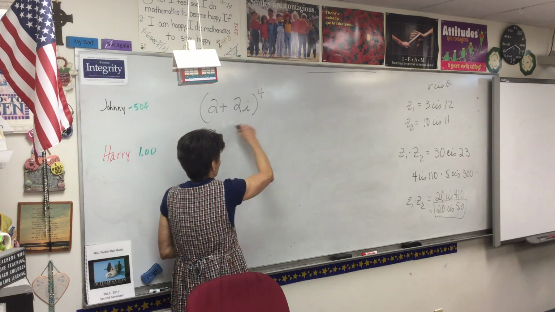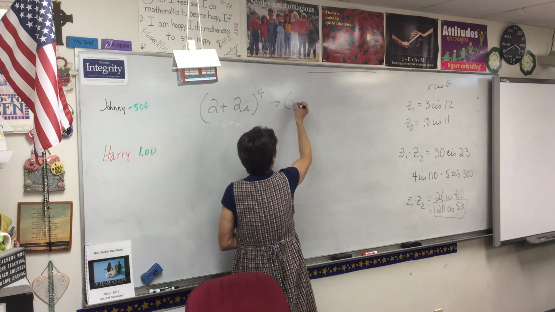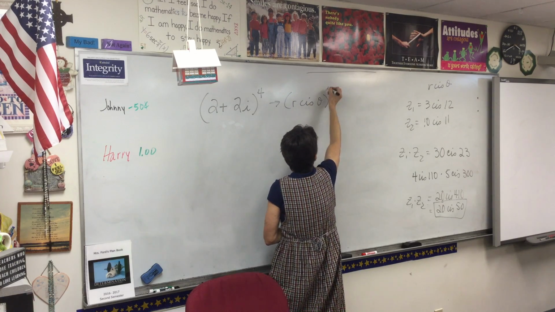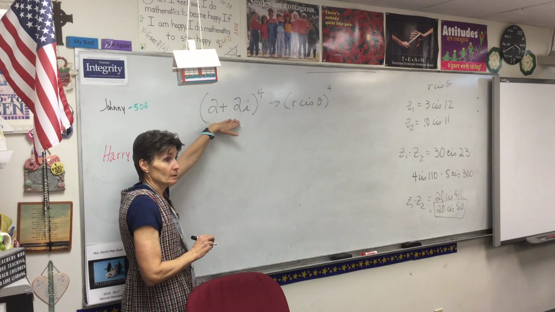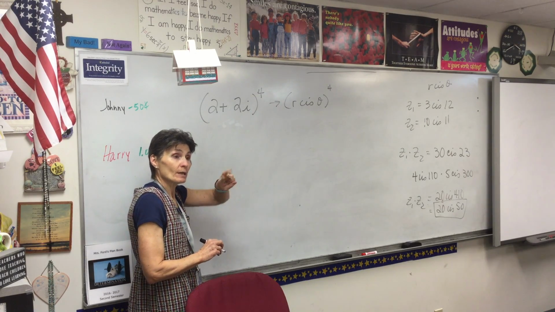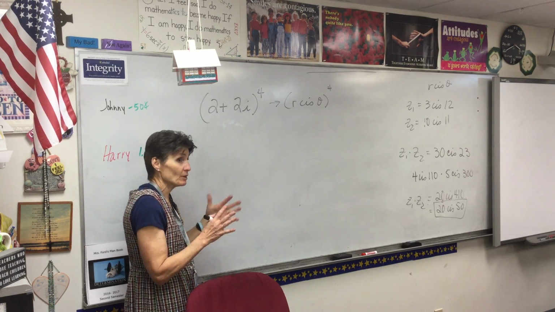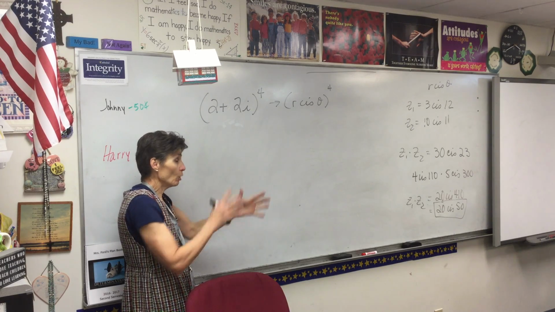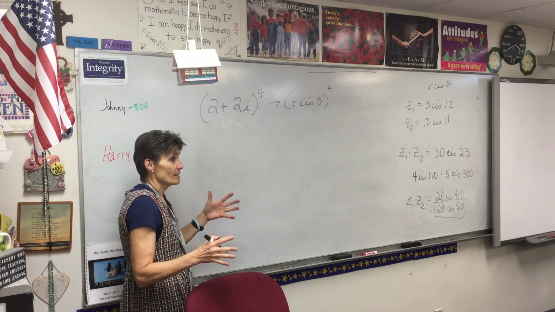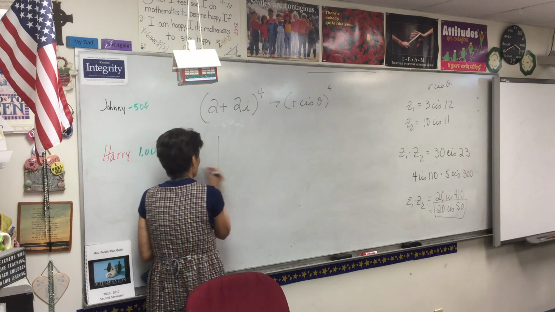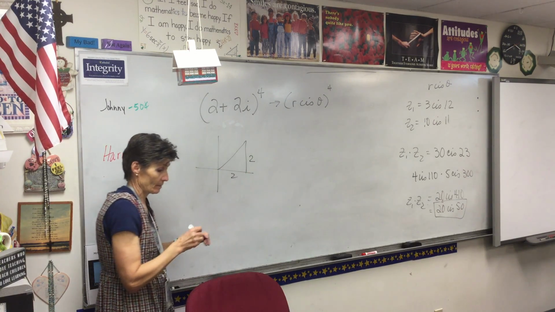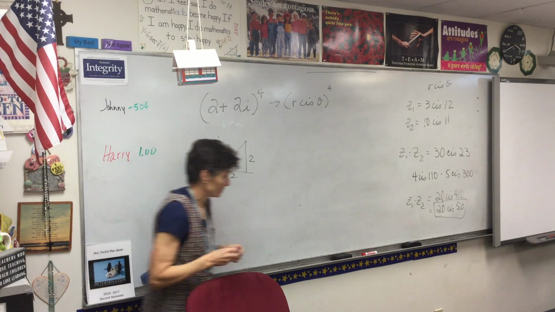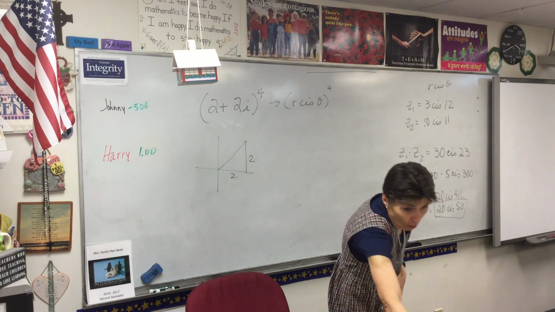We're going to change this into r cis theta. We're going to find r and theta. Now we know how to do that. Draw a picture. Find r and theta.